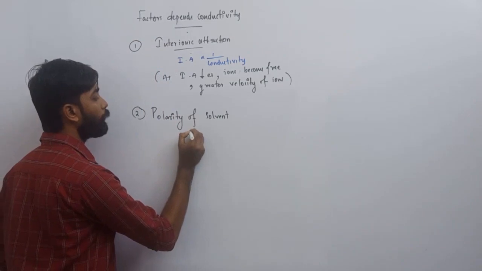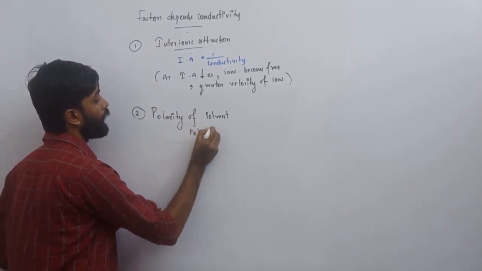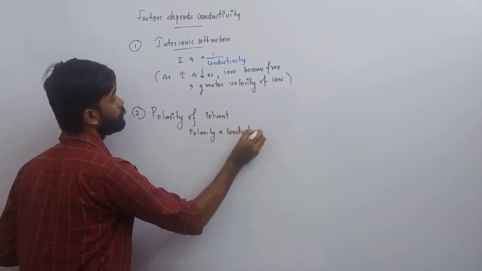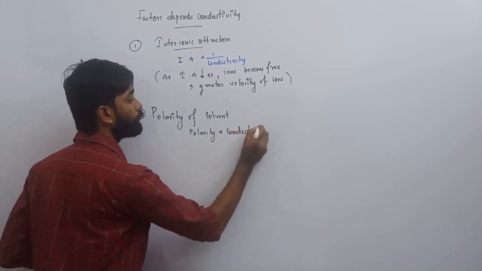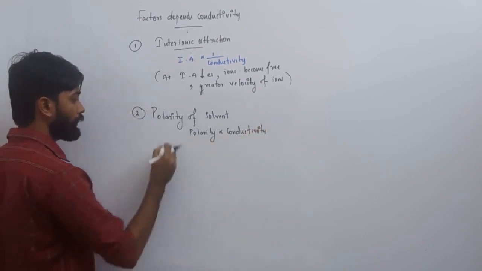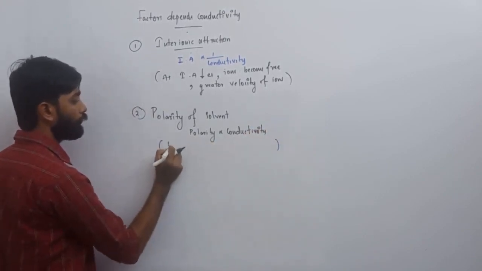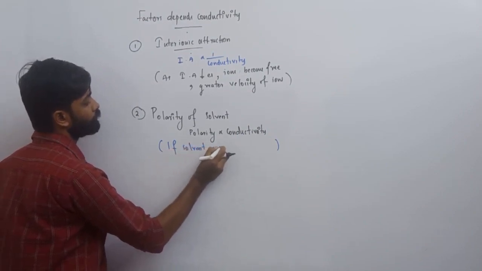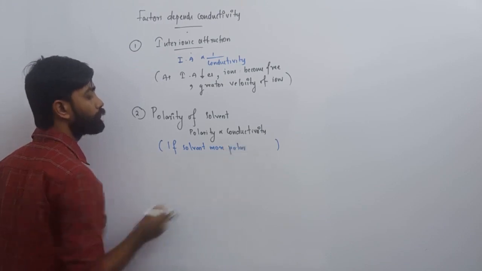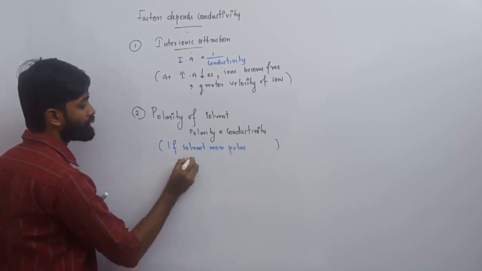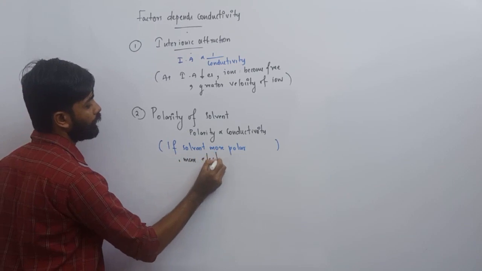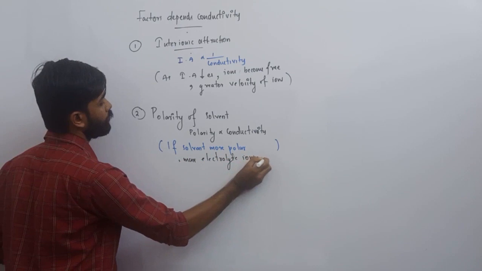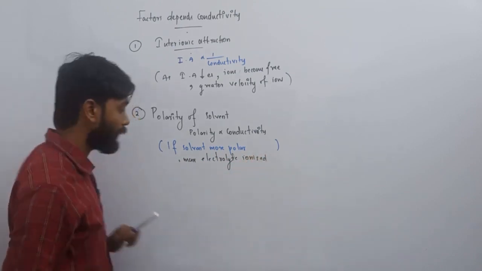So polarity is directly proportional to conductivity. The necessary explanation is that if the solvent is more polar, maximum electrolyte is ionized, the ionization of the electrolyte will be maximum.